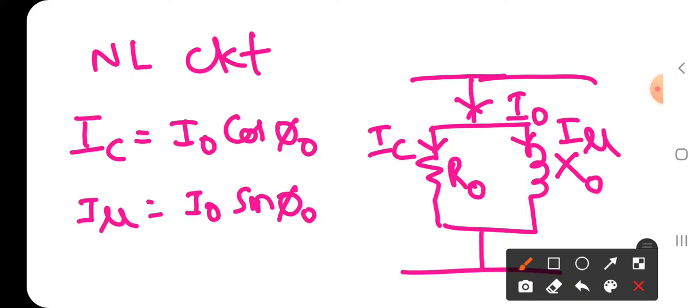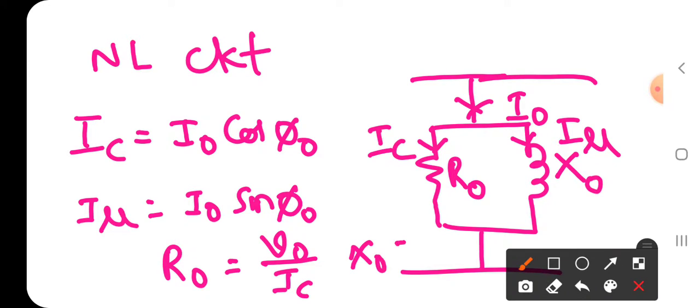Now what is R naught? R naught is equal to V naught by IC and X naught is equal to V naught by Iμ.